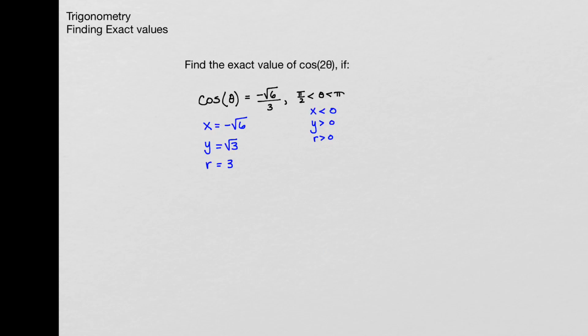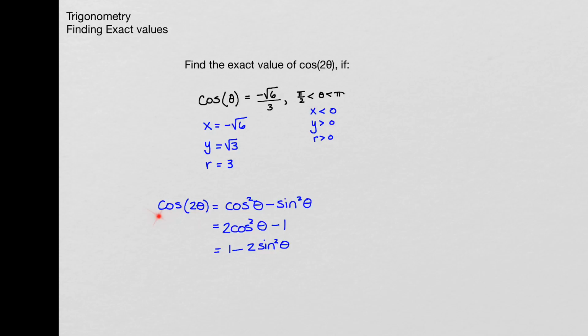Next, I'm going to find the exact value of the cosine of 2 theta. And we're still using cosine theta is the negative square root of 6 over 3. This is a little bit more complicated than the sine because there are 3 formulas for the cosine of 2 theta. So let's take a look at those.